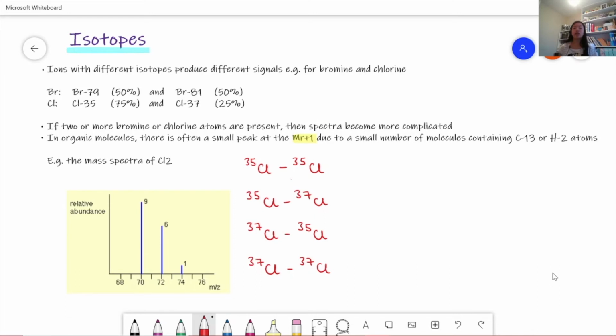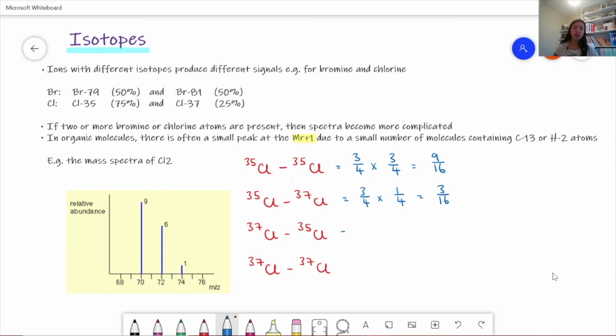And now we can work out the probabilities of finding all of these different arrangements. So for the first one, we would multiply 75% by 75%. Converting those to fractions, I'm going to write 3/4 multiplied by another 3/4, and this equals 9/16. Then here we have 3/4 multiplied by 1/4, and this gives us 3/16.